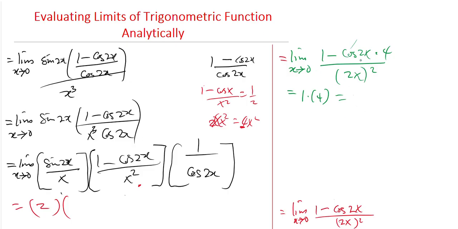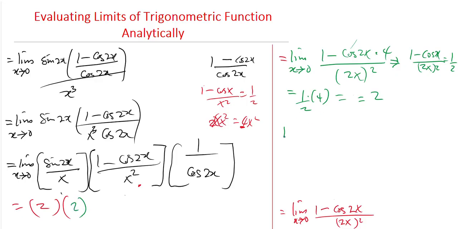No, this is 1 over 2, all right? So what we are doing here, the limit of 1 minus cos 2x all over 2x squared is 1 over 2. So we have 1 over 2 multiply 4, which is equal to 2. So the second part is 2.